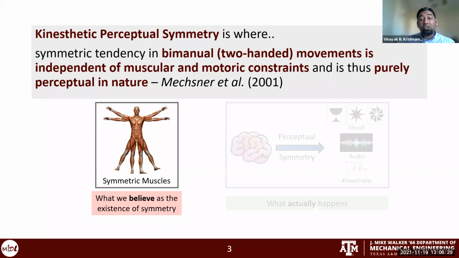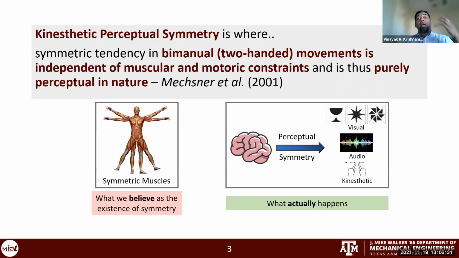This paper showed that what really happens is the signal for approaching that symmetry comes from the brain directly. It can manifest in visual symmetry, auditory symmetry, or kinesthetic symmetry as well. This paper was particularly about kinesthetic symmetry.